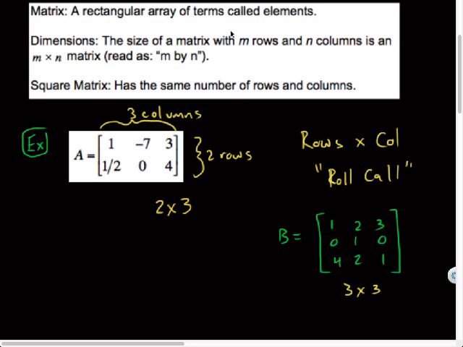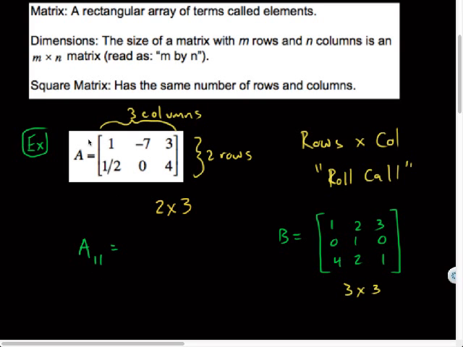Now, it turns out there's also a way to refer to specific elements within a matrix. If I want to know what element is A sub 1,1, that refers to the element in matrix A in row 1, column 1.